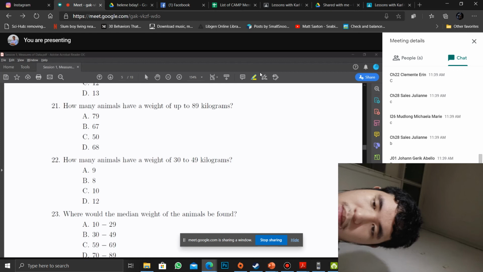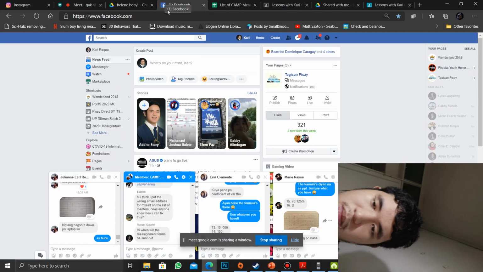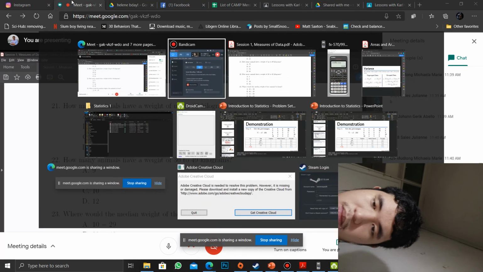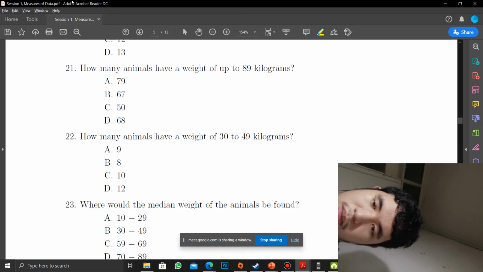Where would the median weight of the animals be found? Sige nga, bakit C? Dapat letter D eh. Pero sige, let's see.